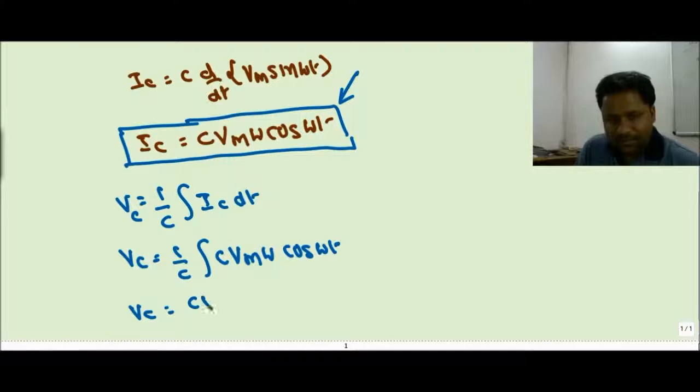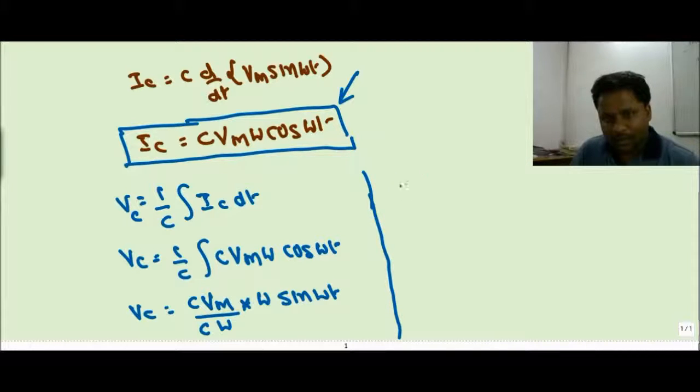Vc equals to C Vm upon C omega multiplied by omega, should be sin omega t. Then we can say that C cancels out, omega cancels out, it should be equals to Vm sin omega t and Vc equals to Vs.